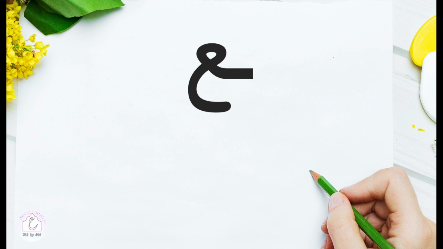In the final position, ʻayn has the same shape of the medial position, in addition to the tail. Start from the connecting segment, then add ʻayn in its closed form, and add the tail. A connecting segment, the closed ʻayn, then the tail.